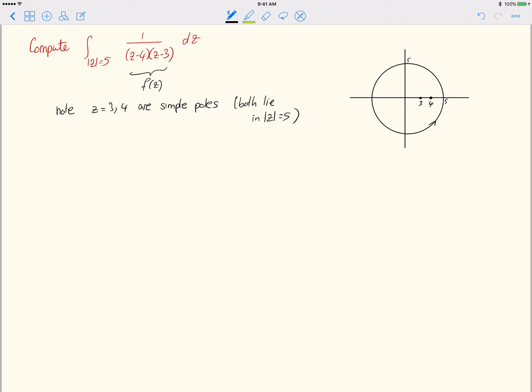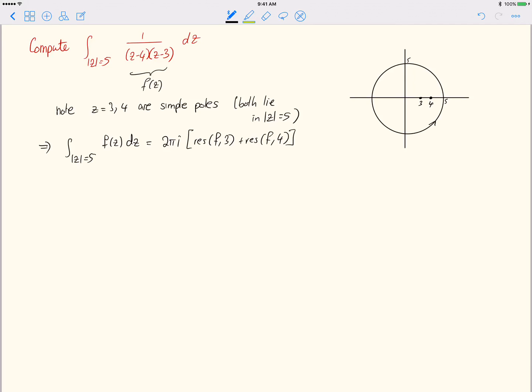So it follows that the integral is going to be 2 pi i times the residue at 3 plus the residue at 4. So I just have to calculate those two residues.